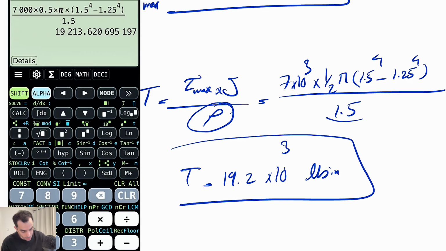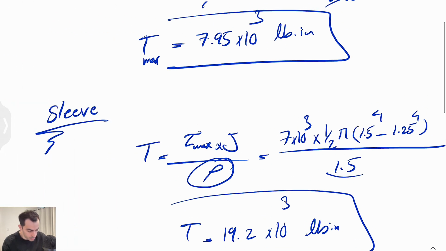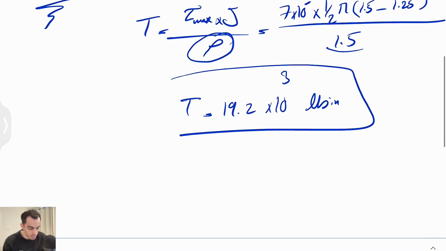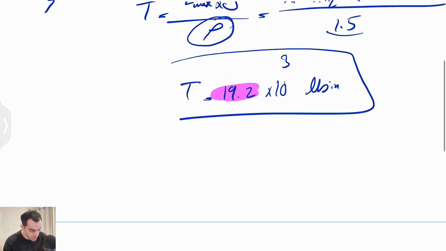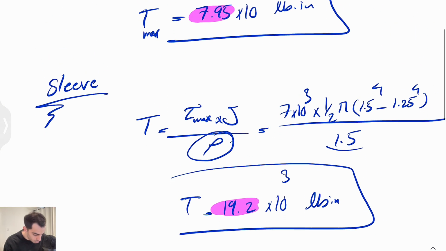And if you look at it, I report all the final answers in 3 significant figures, which is the common practice for these kinds of questions. Now we have 2 different maximum torques, and we need to choose which one is our final answer.